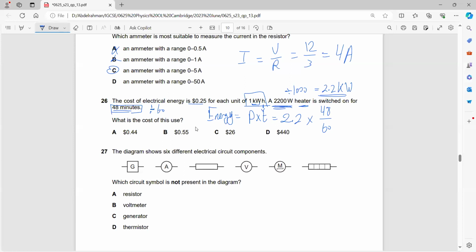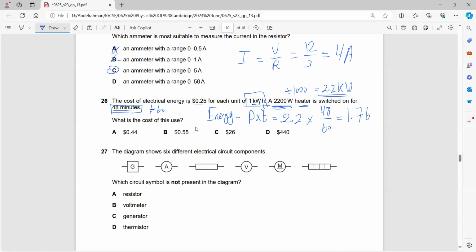So the total energy used in this case, I don't have my calculator. Let me check. It would be around 1.7. Let me check it again. Okay, 1.76. Yes, that's the total energy used.